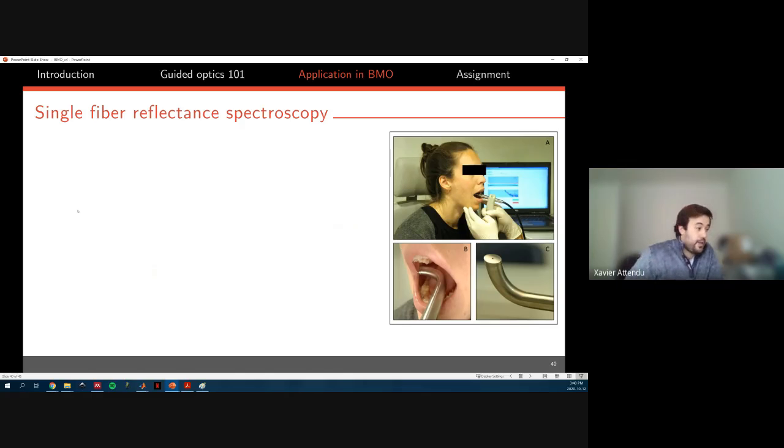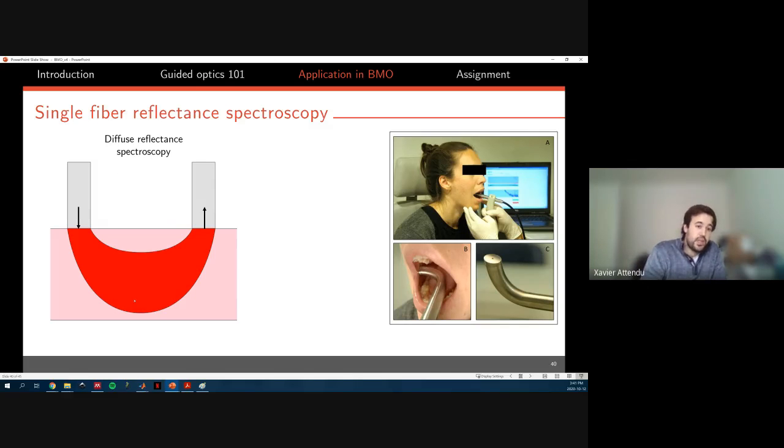Another technique that's actually being developed in the Amsterdam UMC by Professor Faber is called single fiber reflectance spectroscopy. A standard spectroscopic technique is called diffuse reflectance spectroscopy, where you use one fiber to send light onto your tissue and another fiber to collect it, which is located at a certain distance.